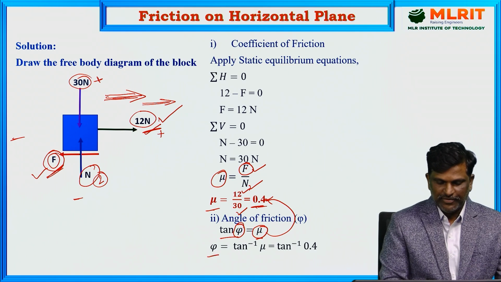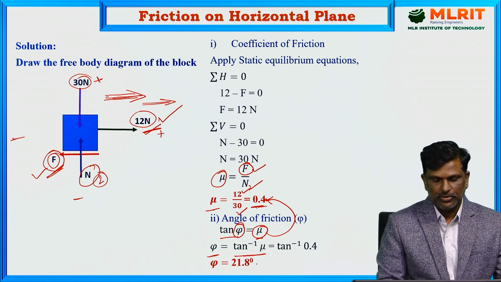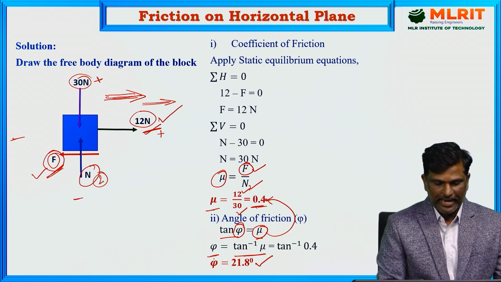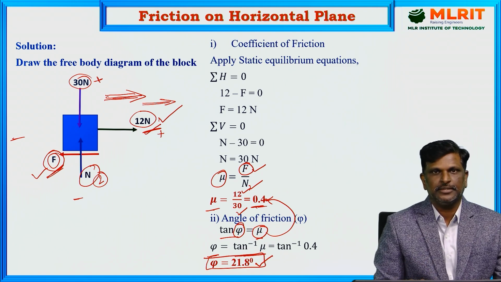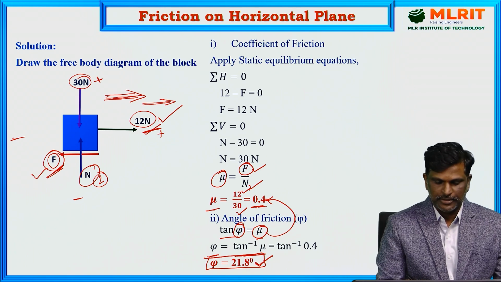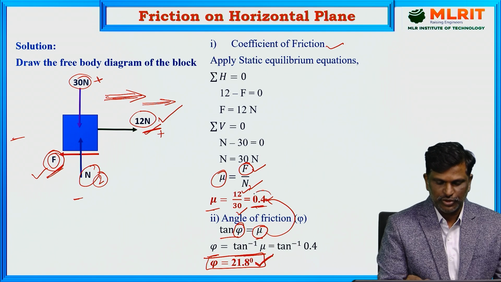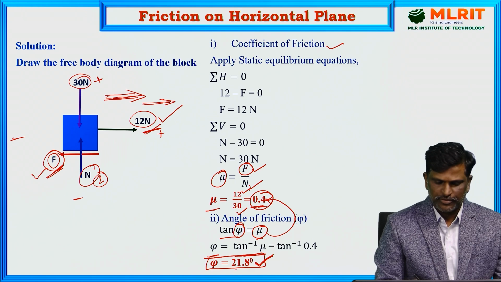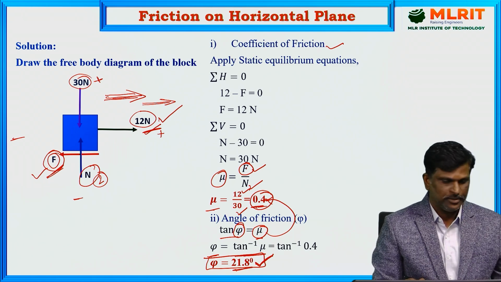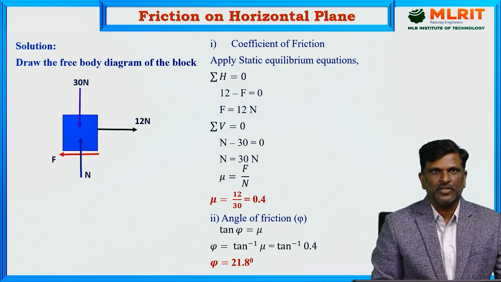So, phi is given by tan inverse mu, which is equal to 21.8 degrees. The coefficient of friction is 0.4 and the angle of friction is 21.8 degrees. Let us solve another problem on friction.